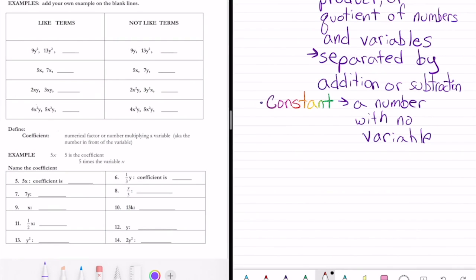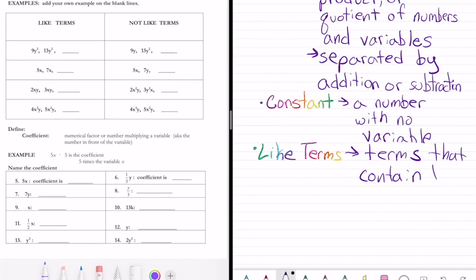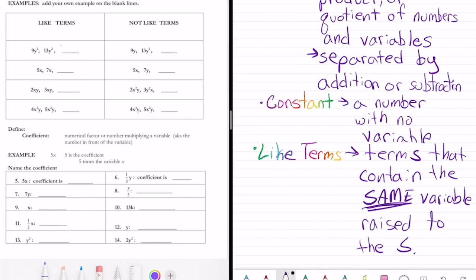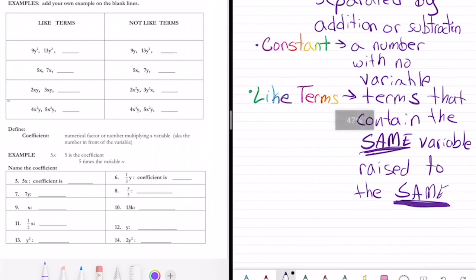So let's take a look at like terms. Let's add that to our list. So they are terms, just like the words say, terms that have the same, and I'm going to put this in capitals because I want to make sure I remember that, the same variable raised, if they have an exponent, raised to the same power.